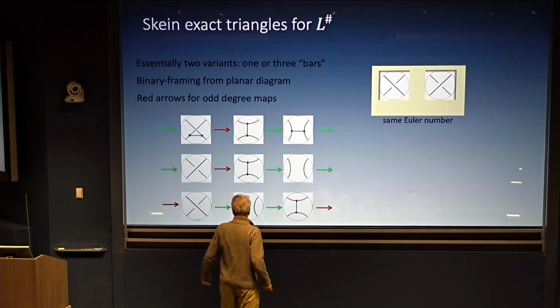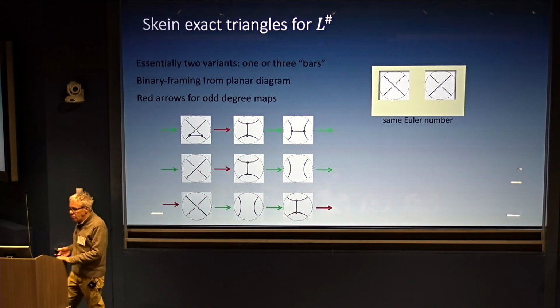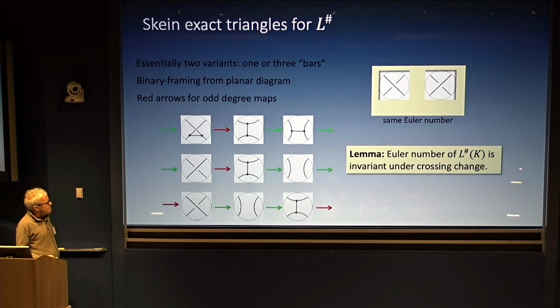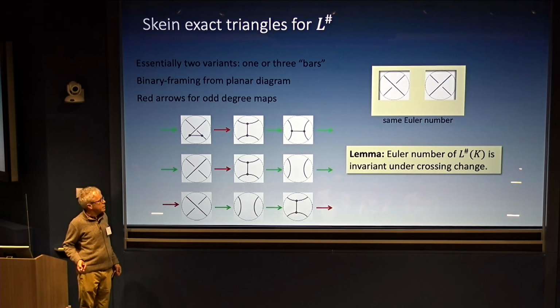So the Euler number is just an invariant of the binary framed web, not with its spatial embedding, but just abstractly. And that's encapsulated in that lemma there, which we deduced from these exact sequences.